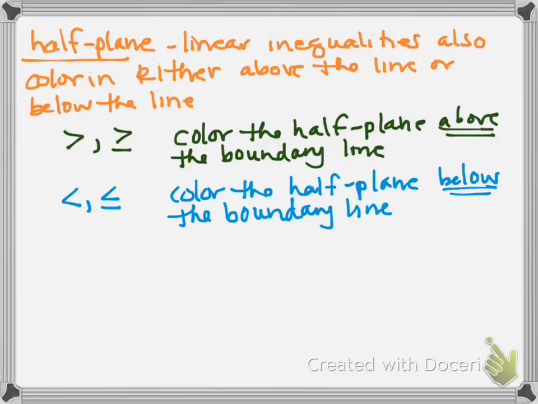The two lines of thought are this. You first establish whether you think you should be graphing above or below. One line of thought is, if you think you're supposed to be graphing above, find a point that's above your line. Test that point. If you get something that's true, then you are accurate. That's where you're going to graph. If you test that point and you get a false, then you graph the other half, and you had a wrong guess as to which half you were going to do.